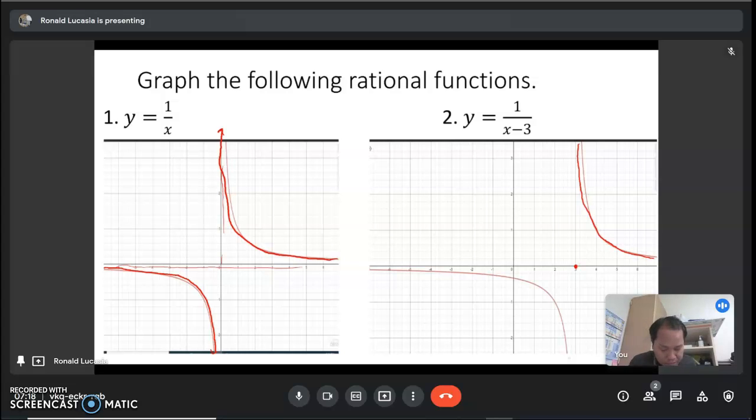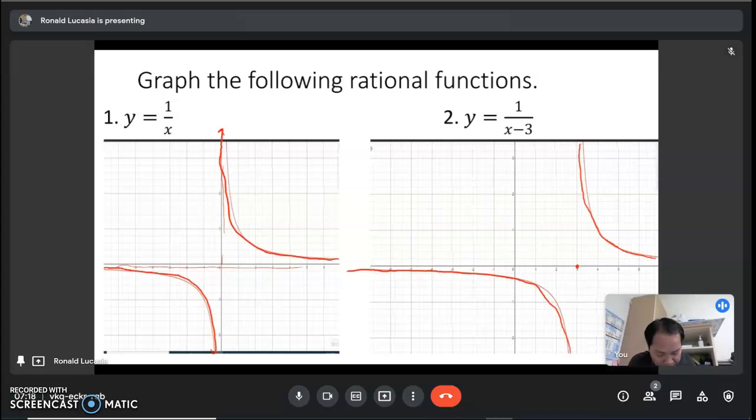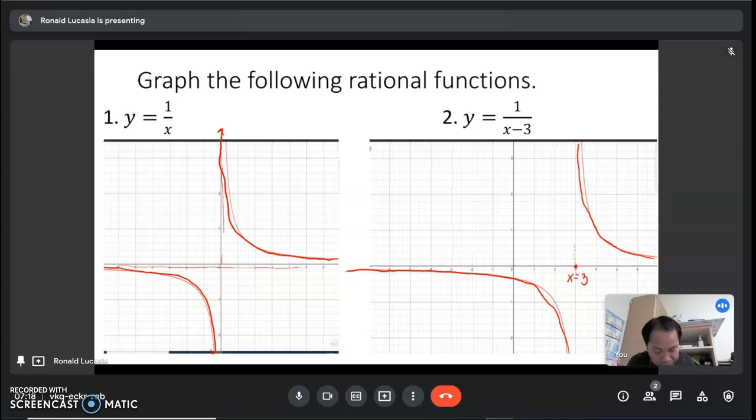And as this graph approaches negative infinity, it gets closer and closer to y equals 0. So for number 2, y is equal to 1 over x minus 3. The vertical asymptote there is x equals 3. This is the vertical asymptote.